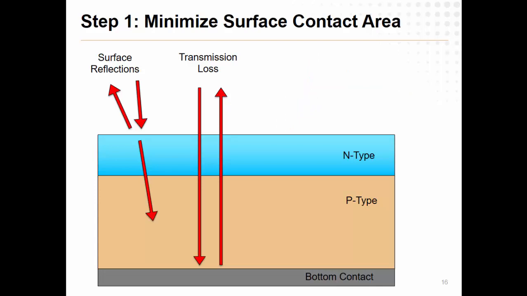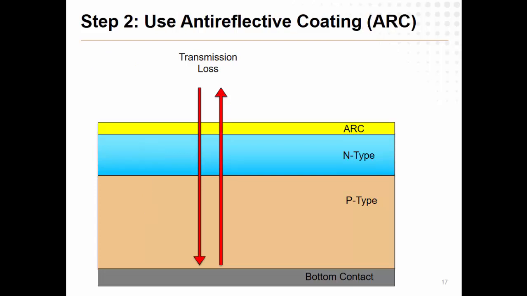Surface reflections, that you can deal with using anti-reflective coatings. They're fairly cheap and reasonable, so they're not perfect, but you could get like 90%, 95% transmission, something like that. But that still leaves us with this problem of the transmission loss. So how do I deal with that?